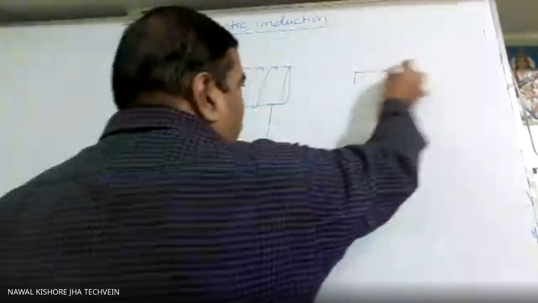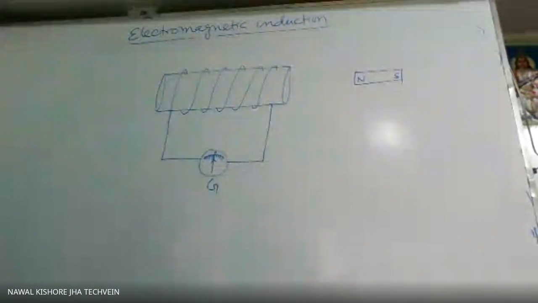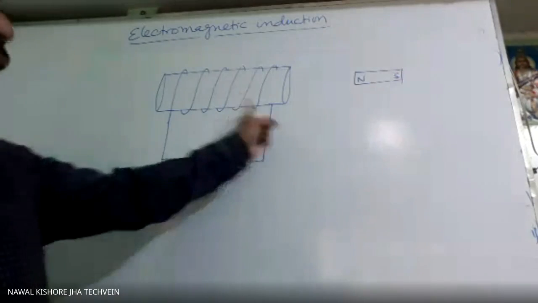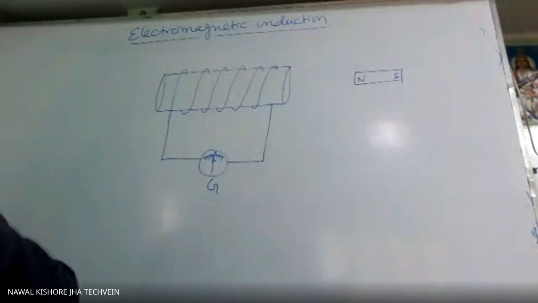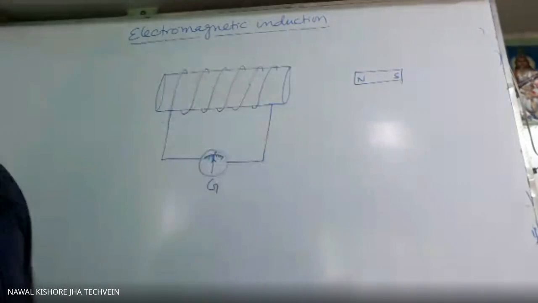Now, if a magnet is moved, either North Pole or South Pole, whatever it is, towards the solenoid, or the solenoid is moved towards the magnet, there will be relative motion between the magnet and the coil, or solenoid. In place of a solenoid, a coil may also be placed.